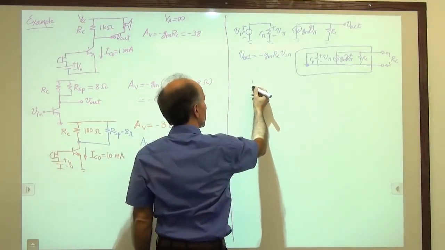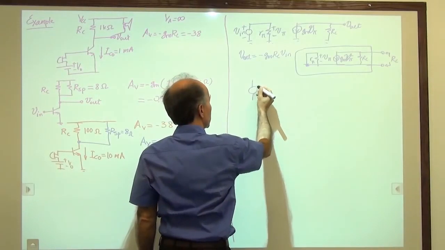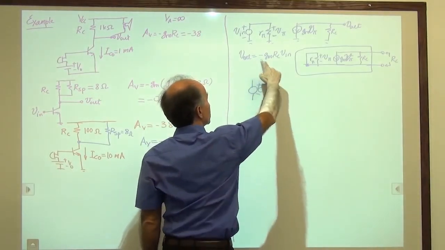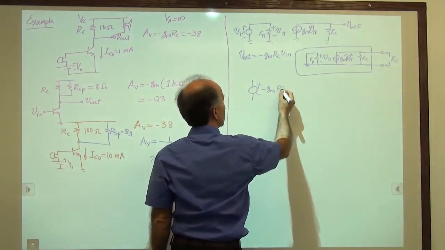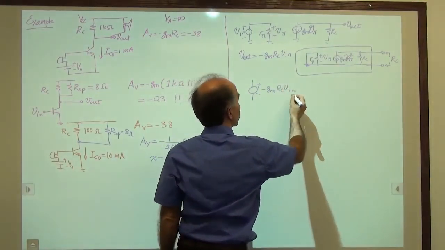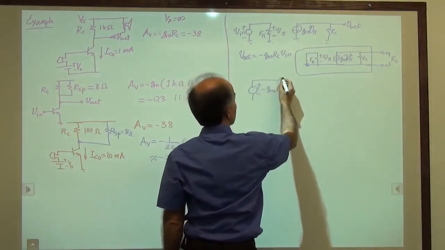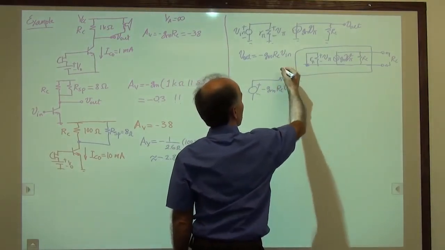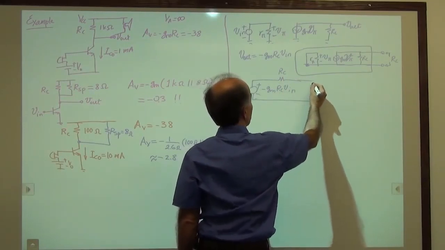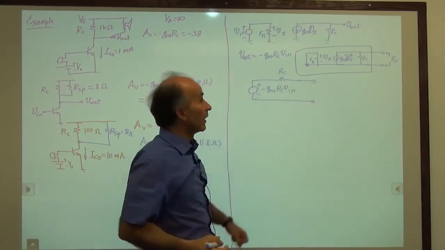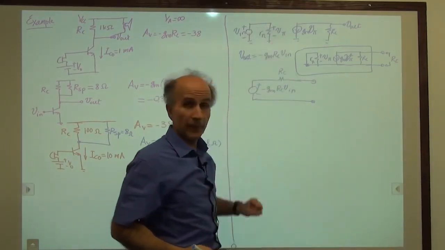Thevenin says we have a voltage source equal to what we just found. So that's minus gm RC V in. And then we have a resistor equal to what we just found, which was RC. This is the Thevenin equivalent of that entire circuit that we saw up there.